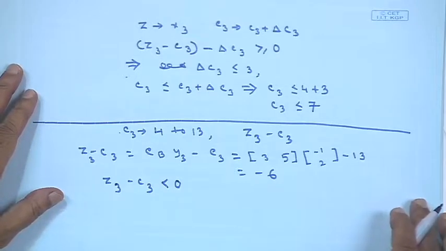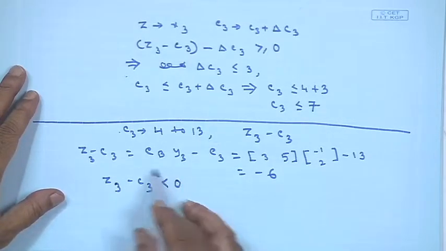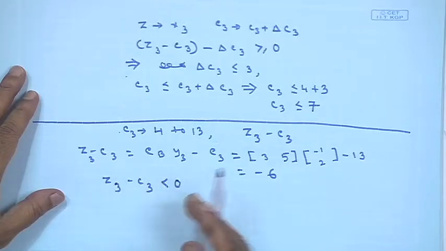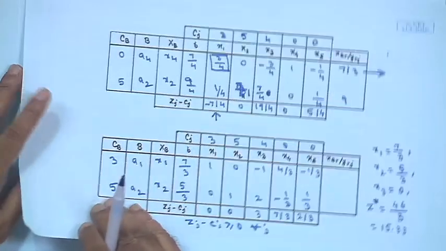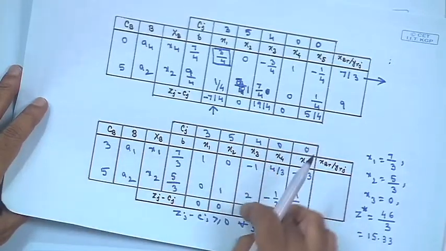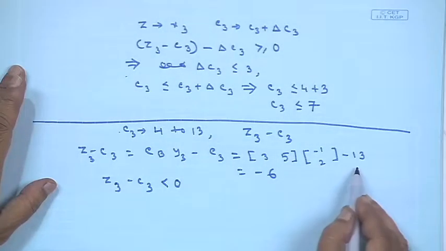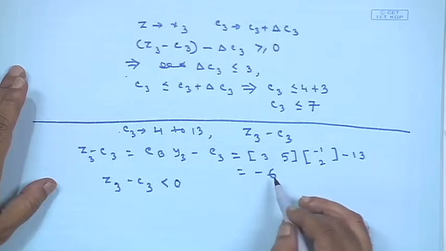So, the current optimal solution will not remain optimum. From here it is clear that the current optimum solution, with this value we have calculated, 35 and minus 12, and after that minus the new value of Cj, that is 13, is becoming negative.